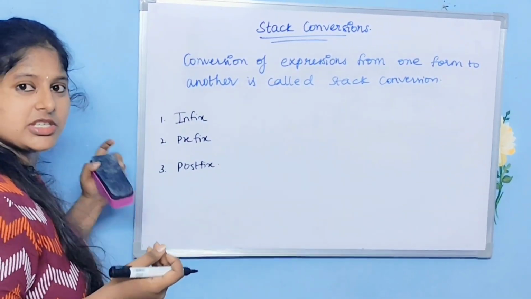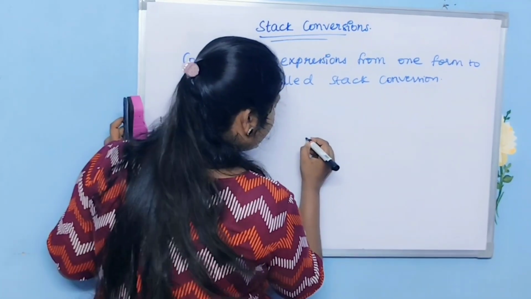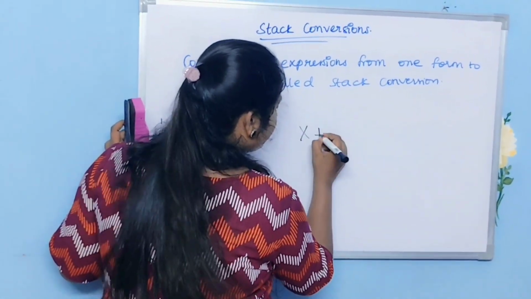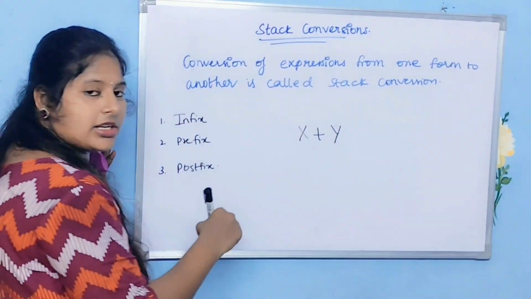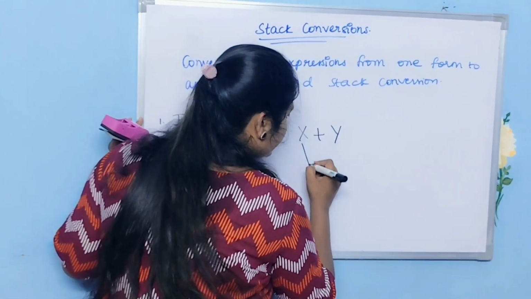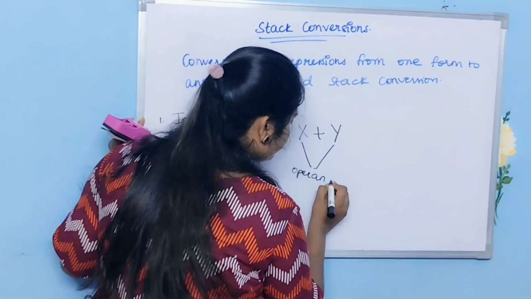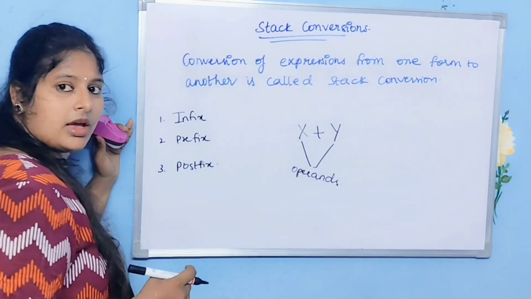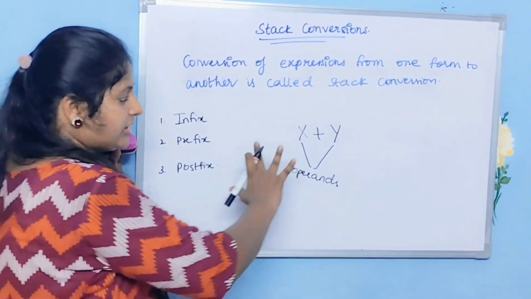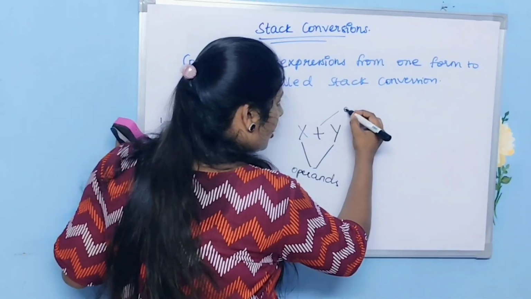So, what are these expressions? Say, for example, consider a value x plus y. Consider an expression like this, okay? So, these values are called operands, okay? And the operation you perform on these two operands is called the operator.